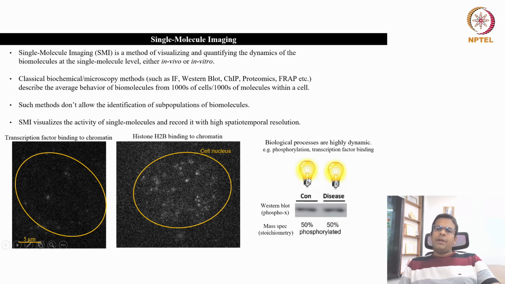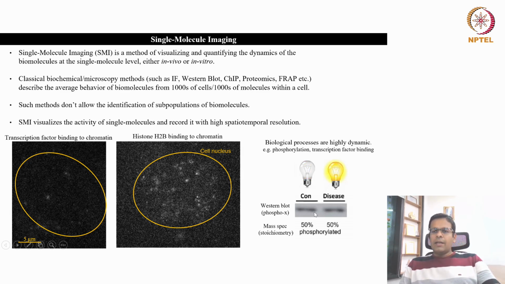If you want to capture this kind of difference using an ensemble averaging method or population-based averaging method such as Western blotting or mass spectrometry, you cannot capture such dynamic differences, because in both cases you take thousands of cells, make the cell lysate, and then do the Western blotting using, let's say, phosphospecific antibodies.